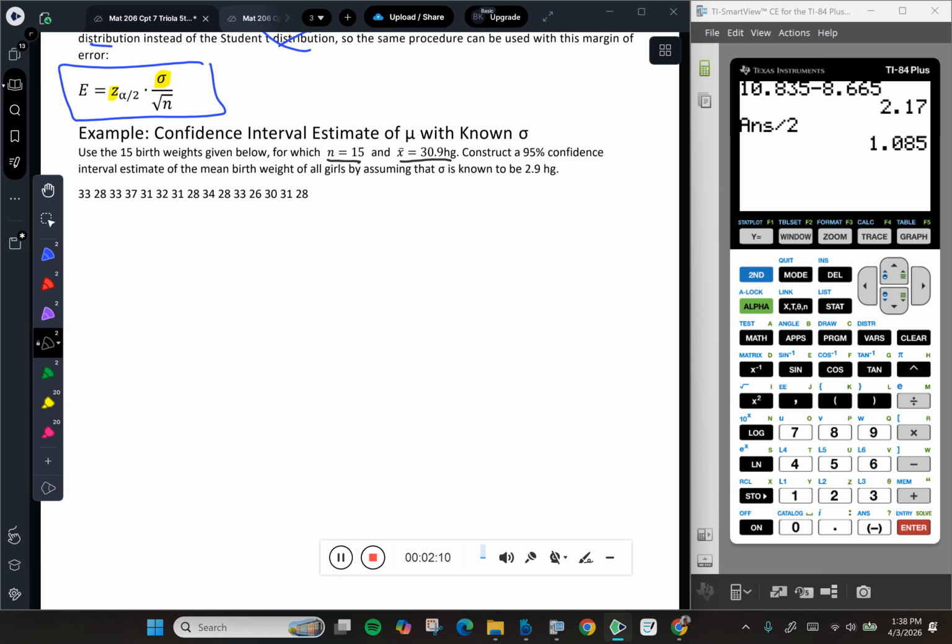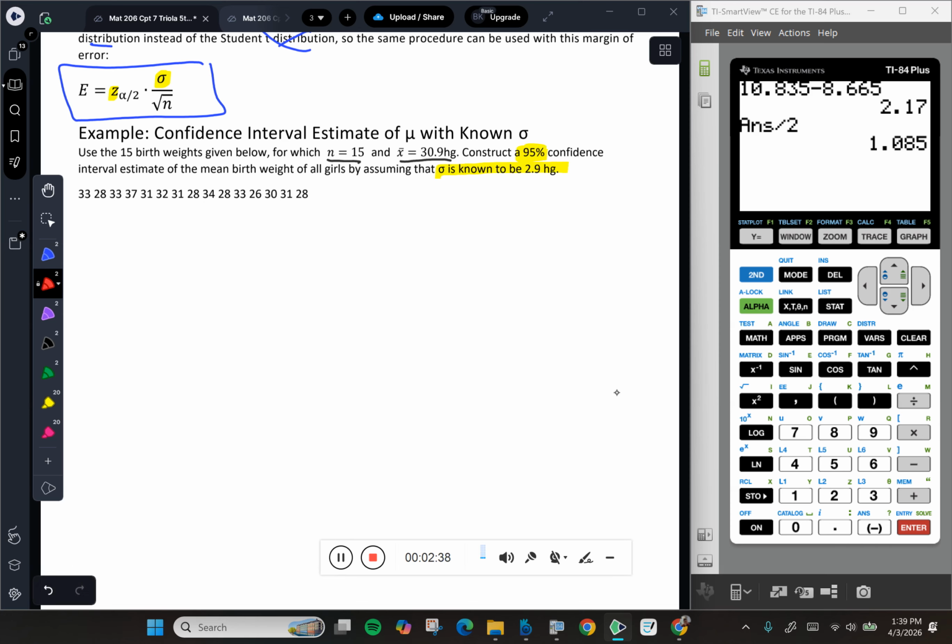Hectograms? Okay. I don't do metric much, but that just seemed weird to me. Why wouldn't you just call it grams or kilograms? But okay, whatever, hectograms. Construct a 95% confidence interval. So I'm creating a confidence interval with a 95% level of accuracy. And I'm supposed to somehow magically assume that the population standard deviation is 2.9 hectograms.